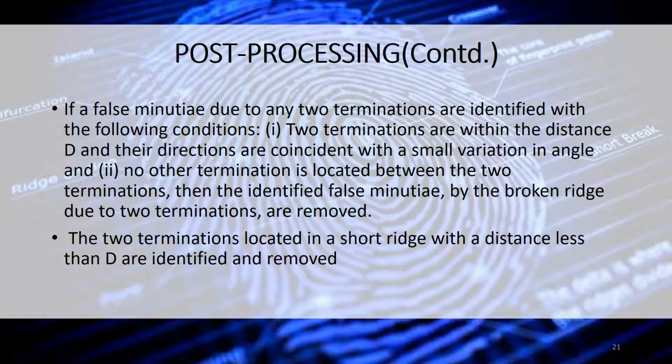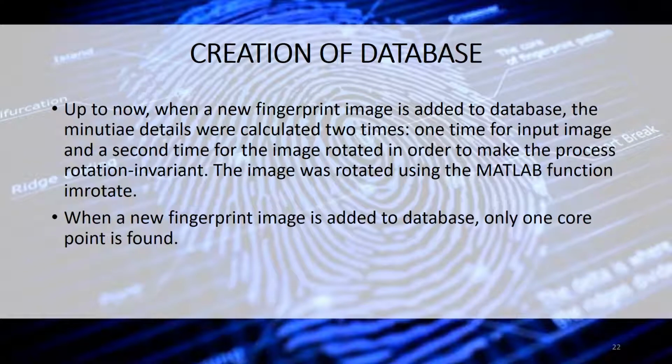The false minutiae identified by the broken ridge due to the two terminations are removed. These two terminations located in a short ridge with a distance less than d are then identified and removed.